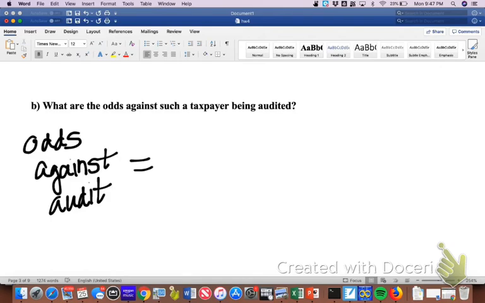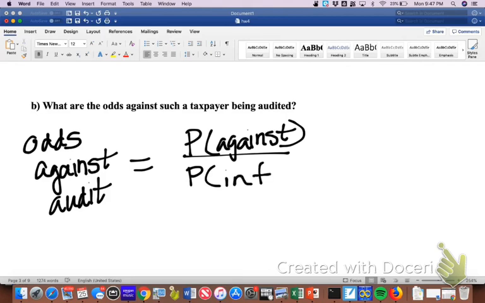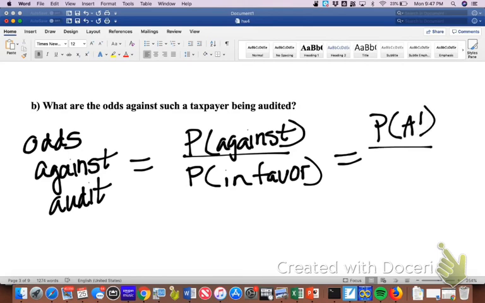So this time, odds against the audit means we would have the probability against an audit divided by the probability in favor of an audit, which we know is the same thing as P with the A with the little tick mark, means not audited, divided by the probability of being audited. So it's those same numbers, they're just flipped, right?